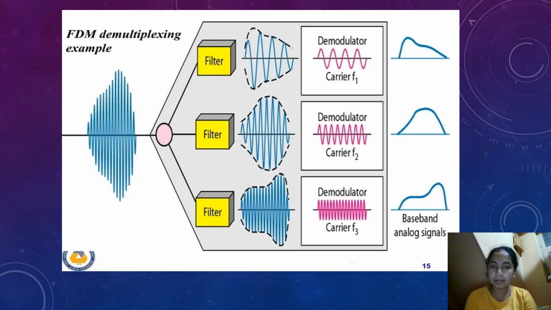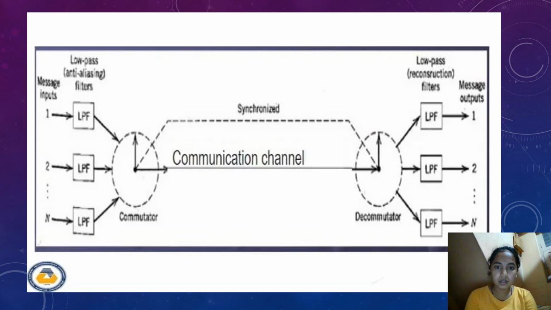This is an example of FDM demultiplexing. Here we can see the signal, with demodulator carrier F1, demodulator carrier F2, and demodulator carrier F3. Next we can see the communication channel with LPF, that is low pass anti-aliasing filters. First the message inputs go to the low pass anti-aliasing filters, and then to the communication channel.